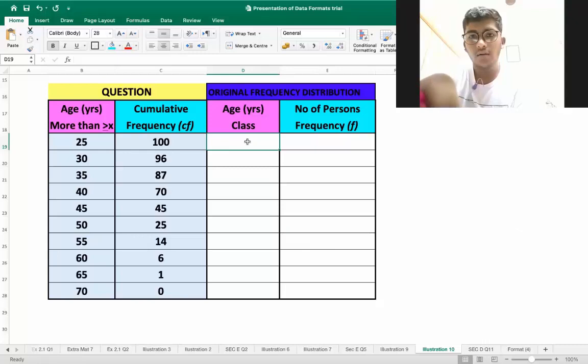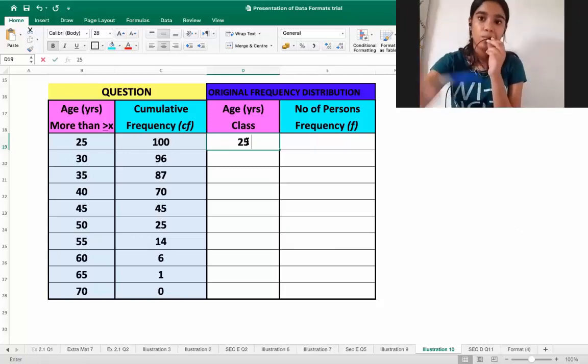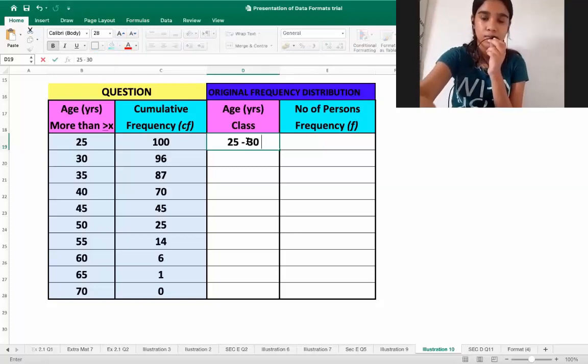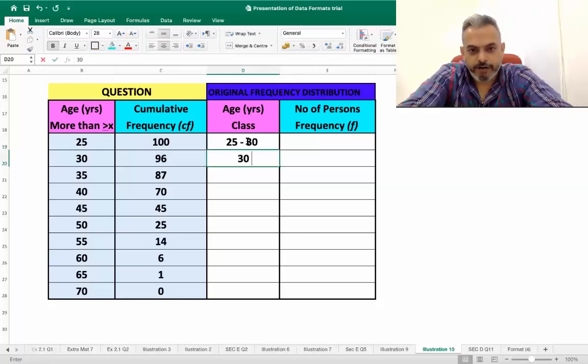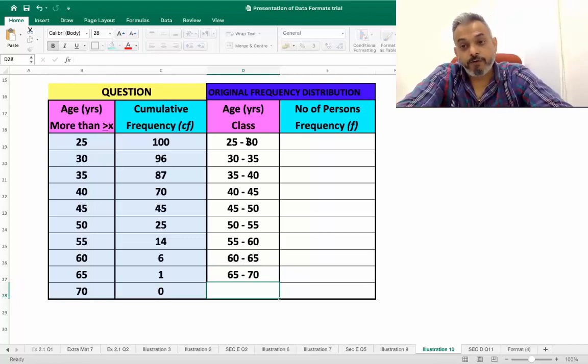No, 25 to 30. 25 to 30, 30 to 35, 35 to 40, 40 to 45, 45 to 50, 50 to 55, 55 to 60, 60 to 65, 65 to 70, 70 to 75.